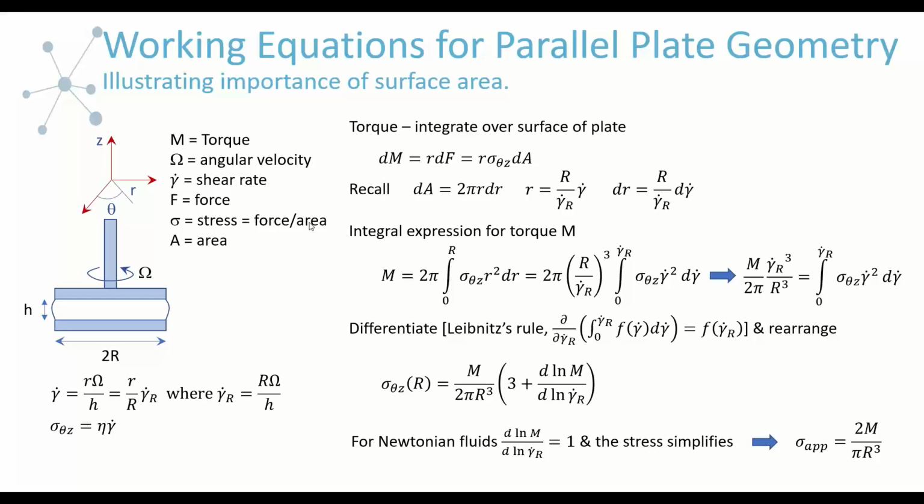Stress is force per unit area, so we can do a change in variables so that we have differential area times the stress. If you look at this simple equation, which is what we need to do to get the total torque to rotate the tool, we see that the torque is proportional to the viscous stress, which depends on your viscosity and your shear rate, but it's also proportional to the area.